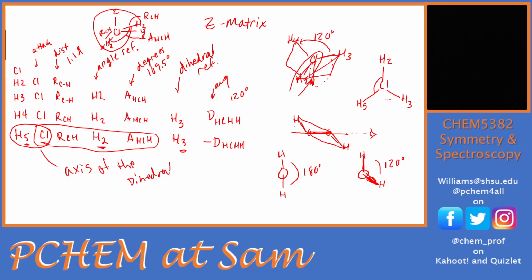So when we say dihedral angle with H3, how is it related to H3? It's this plane, H2, C1, H3, and this plane, H2, C1, H5. And so the angle between those planes is 120. This is 109.5, and then we have the bond length. So the axis of this dihedral is the C1, H2. Does everybody understand that?